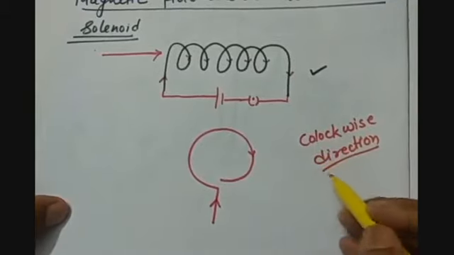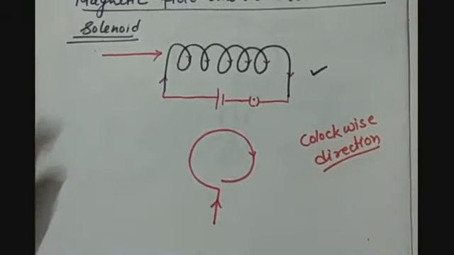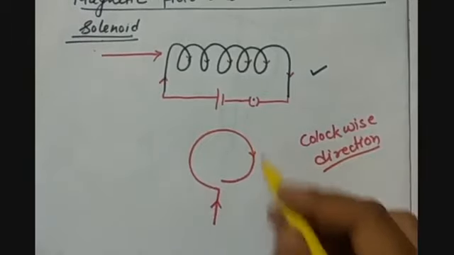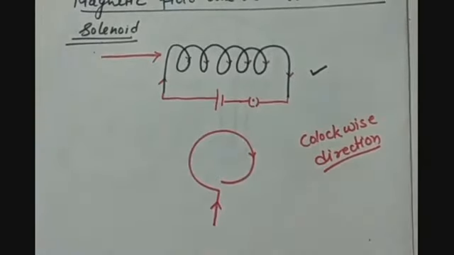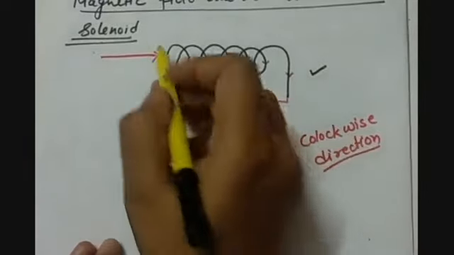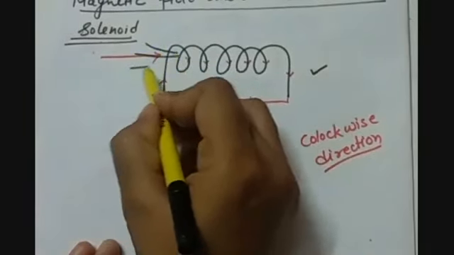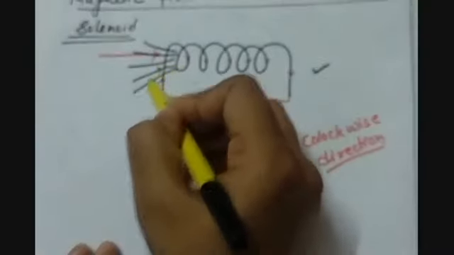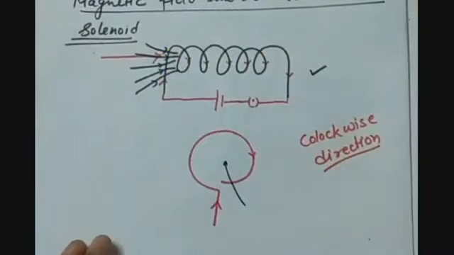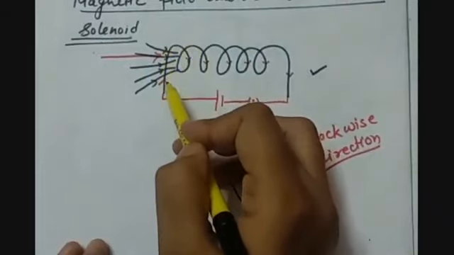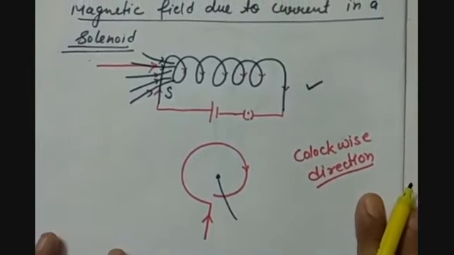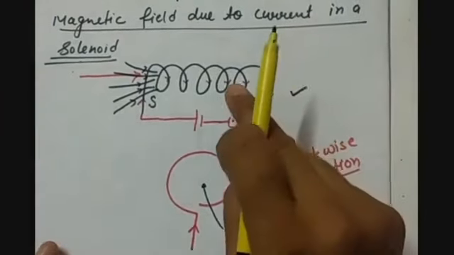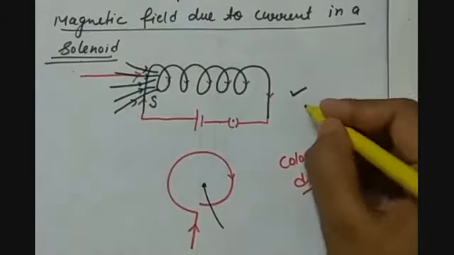And according to the clock face rule, we know that when the current is flowing in clockwise direction, that face of the circular loop will behave as the south pole of the magnet. That means the magnetic field lines will go inside. If the magnetic field lines will go inside the circles, it will seem something like this. So now this end of the solenoid is behaving as the south pole of a magnet formed by the solenoid.